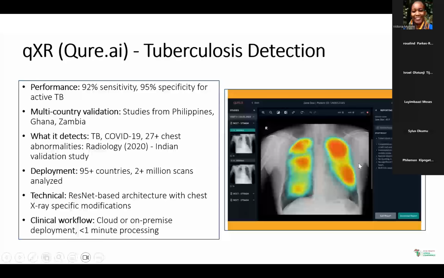Again, it doesn't replace the doctor, but it alerts the doctor to places where they need to look more closely at the scans. If you see on the picture, it gives you a heat map of where they think the problem is, with a suspected problem, and then the clinicians can go ahead and look. If you are a radiologist, what you would do is start all the way around here.